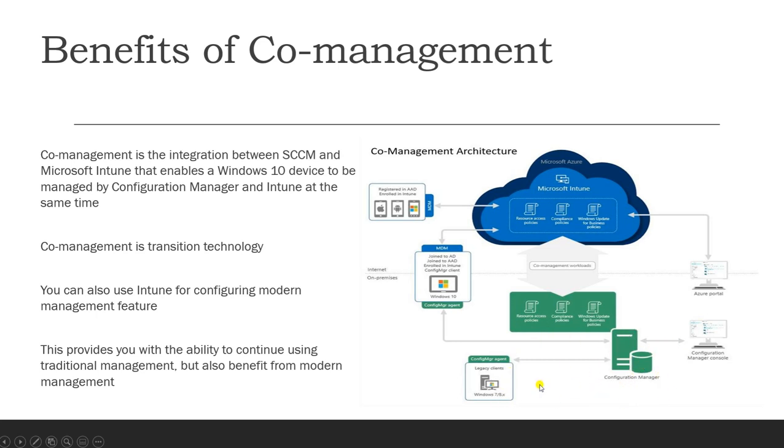If we are running the SCCM infrastructure and we want the device to be co-managed, it should be Azure AD joined. As you are managing the SCCM client here, if it is a workgroup device, it should be joined to the domain, Active Directory, and then it should enroll to Azure Active Directory, and then enroll to Intune, and it should be part of your Configuration Manager.